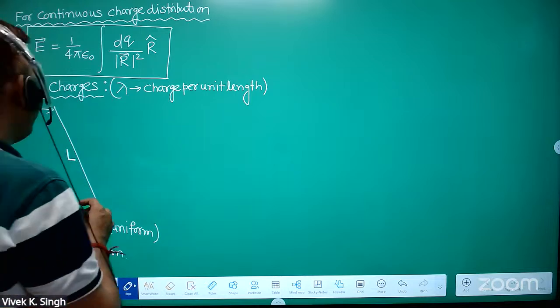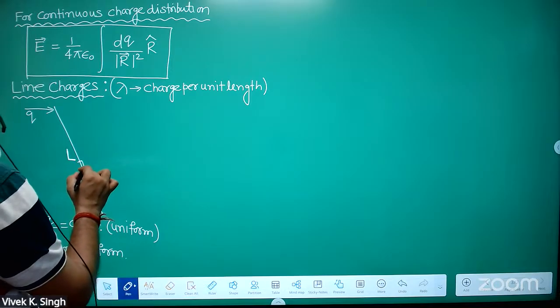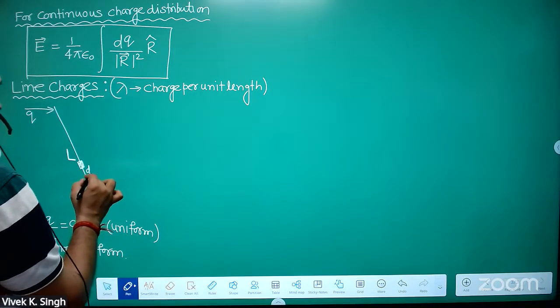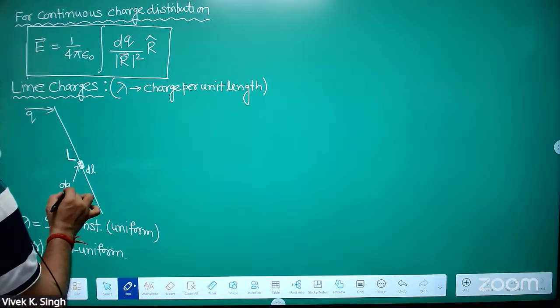And you have to find the field due to this line charge. What you will do, you have to consider an elemental length dl, and in this, charge dq will be lambda dl.